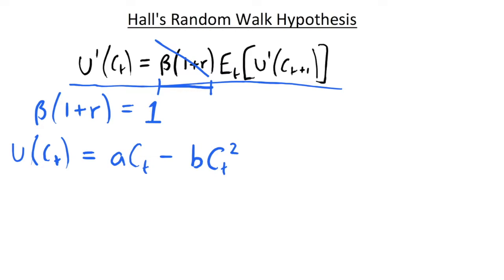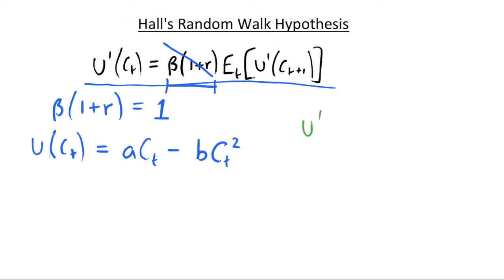So we now have that the marginal utility of consumption in time t is equal to the expectation, conditional on time t information, of marginal utility of consumption in time t plus 1. Let's really quickly write that out.